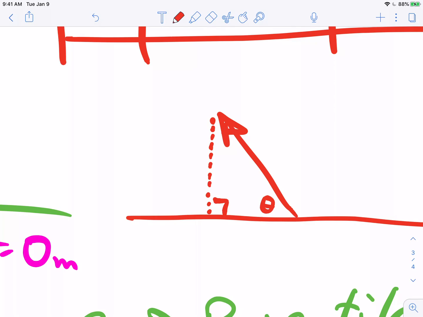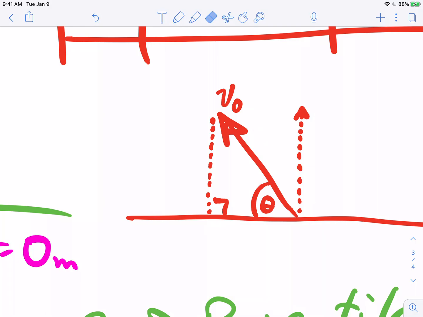That's our angle theta, and I'm going to use that little rainbow symbol for the angle. We need to break this apart. This is our initial velocity vector, this arrow right there. I'm going to get rid of any extraneous arrows.